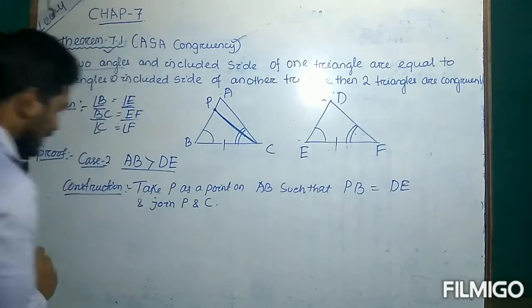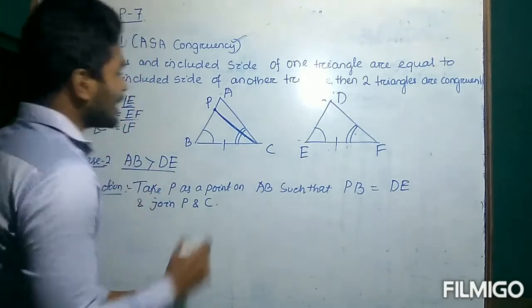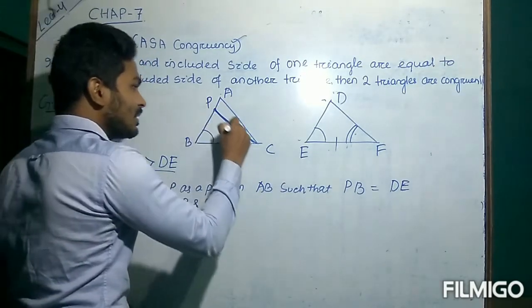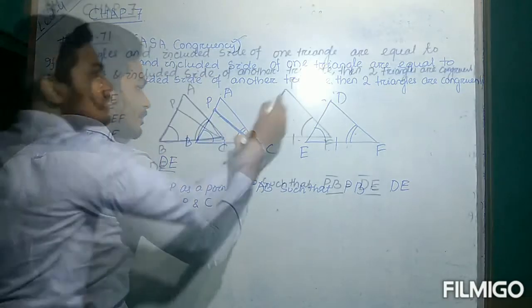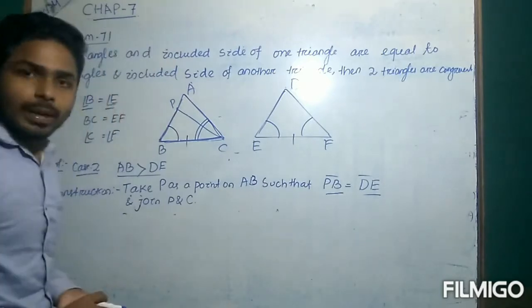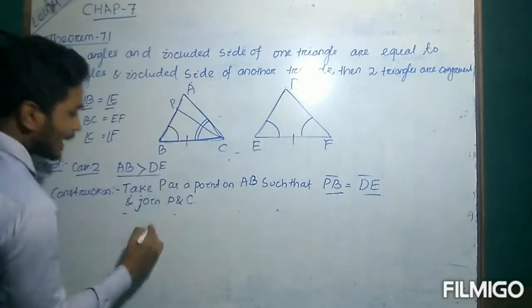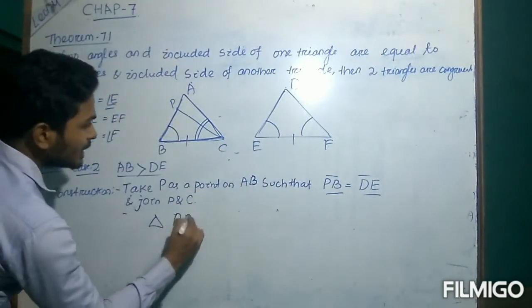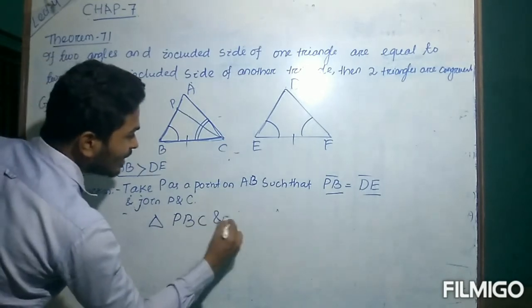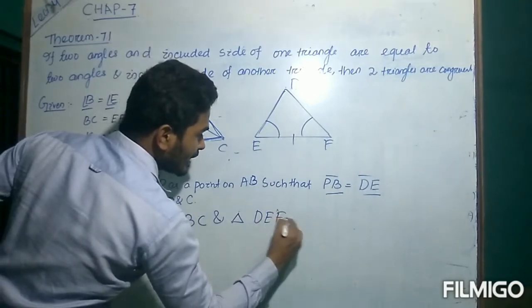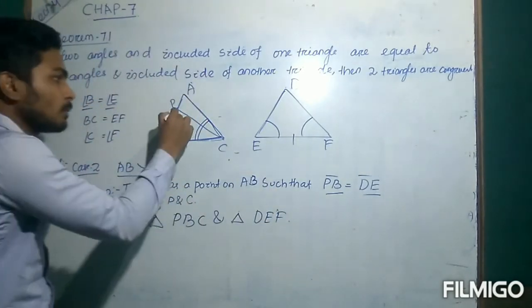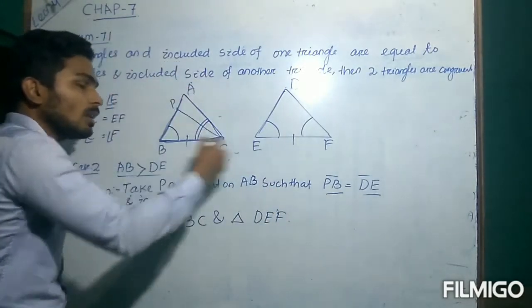Right? Next thing. Now we will compare this triangle with the triangle DEF. Okay, so now we will compare the triangle PBC with the triangle DEF. Keep in mind one thing, you have to compare this small triangle, not the total triangle.